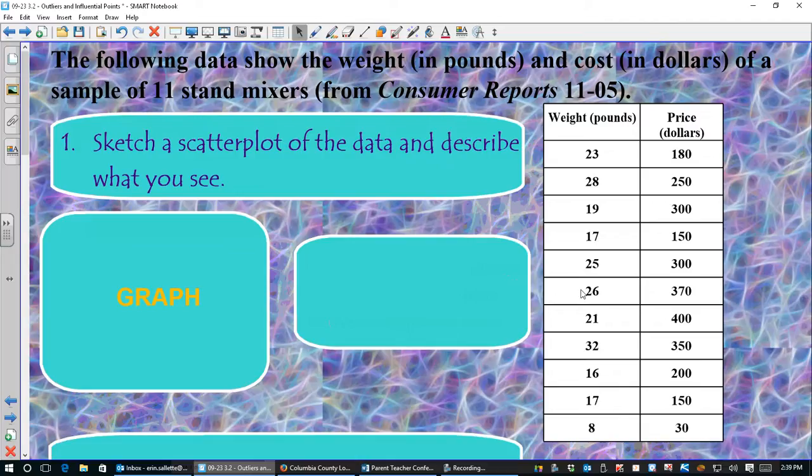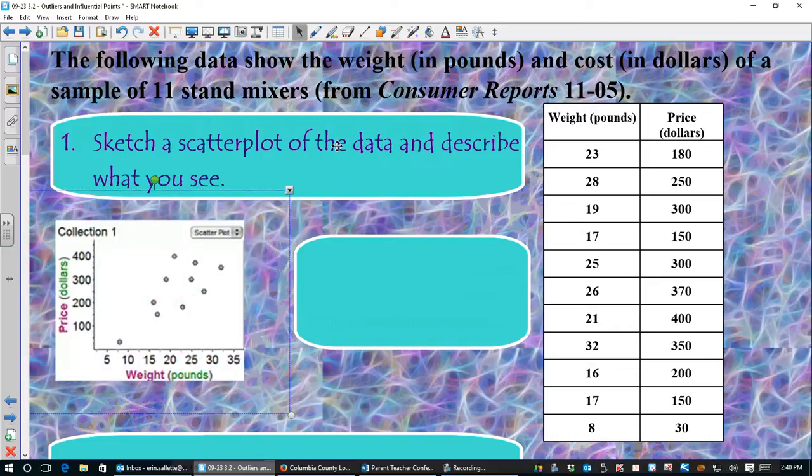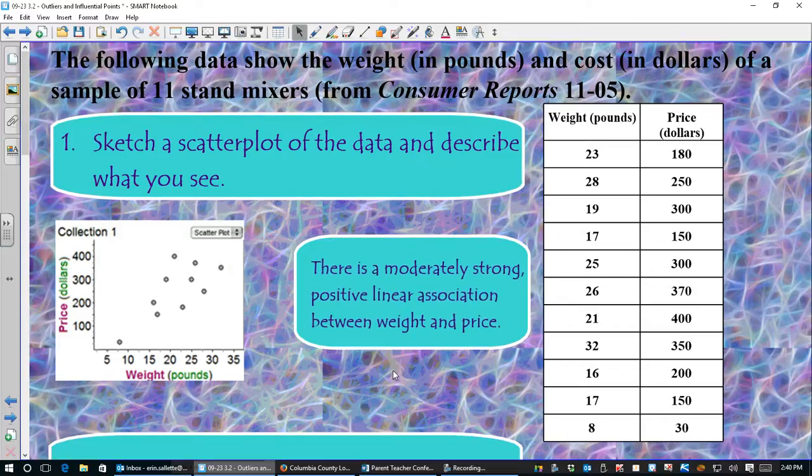So if we plug the weight in our list 1 and then our price in list 2, we can make a scatter plot of this data. This is going to be similar to what you would see. And let's describe what we see. There's a moderately strong positive linear association between the weight and the price. I see a nice band here and everything is generally in the same direction.